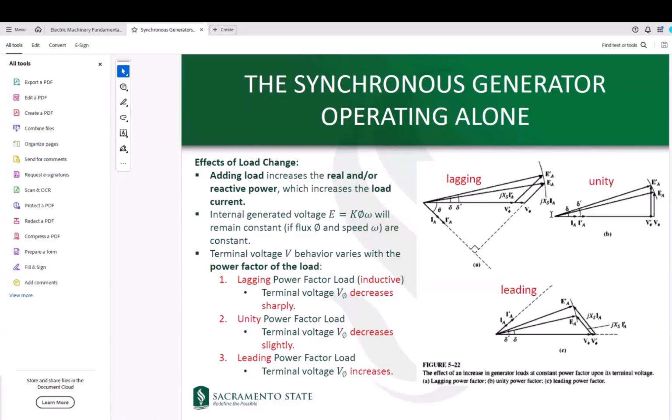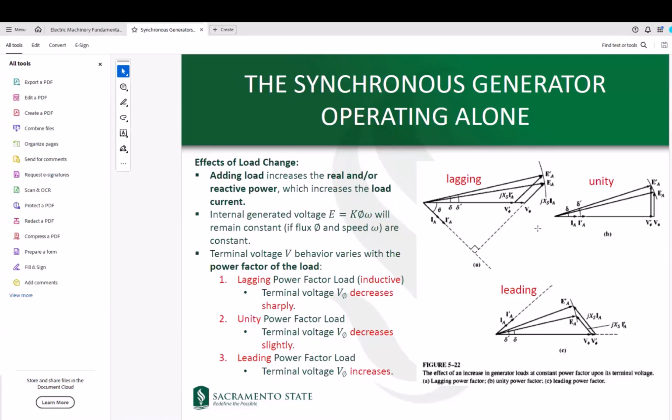The internal voltage of the machine would be kept constant if phi is constant and if omega is constant, right? Omega is constant in the synchronous generator at the rated value. This means that if you keep phi constant, which means that you do not change the internal voltage, then when you're increasing the load current from IA to IA prime, IA prime is a bigger value, and you will see that V phi prime would be smaller under lagging power factor conditions.